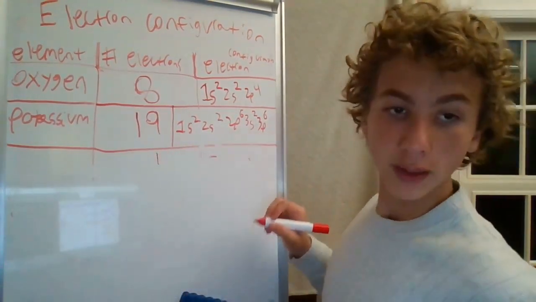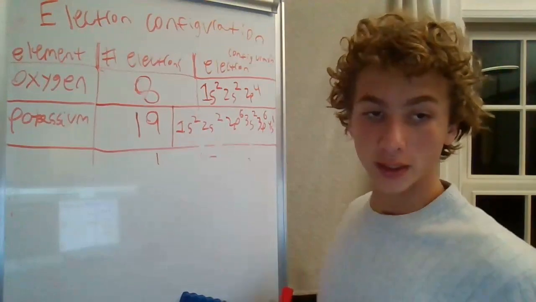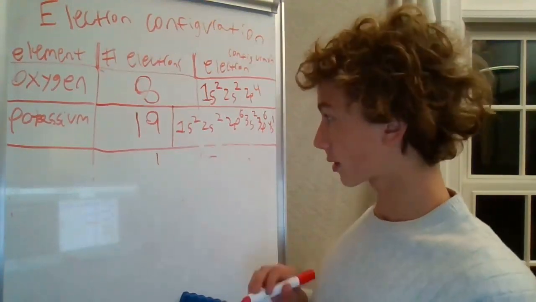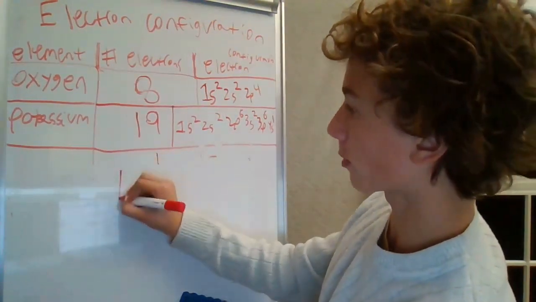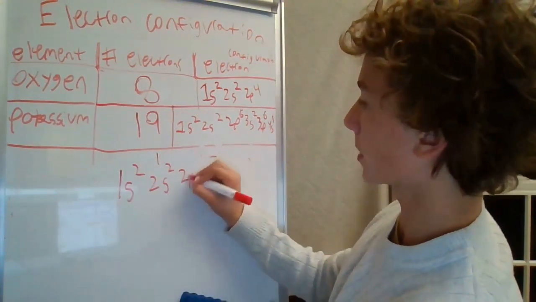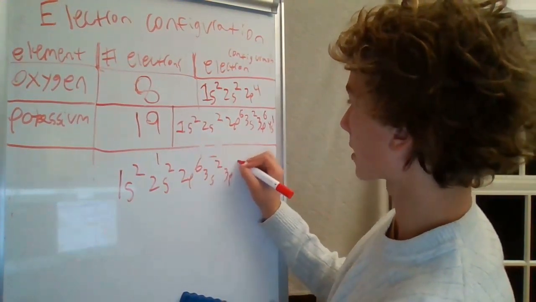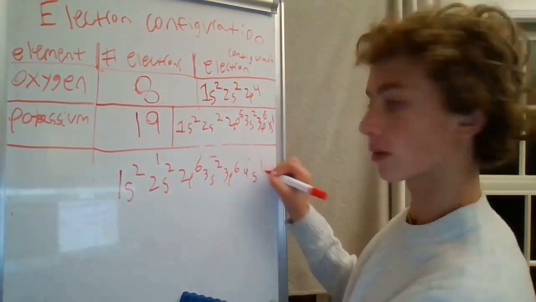We get down to 1. We go to the next one, which is 4s. Or 1, sorry. So for that one, you'd also still just only separate it. So finally, for potassium, you get 1s2, 2s2, 2p6, 3s2, 3p6, 4s1.